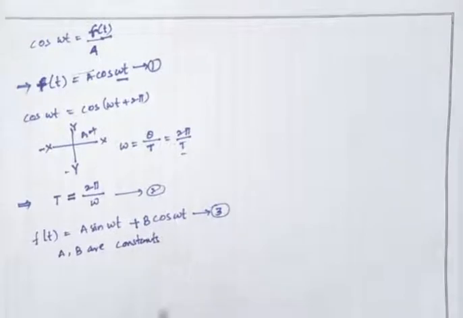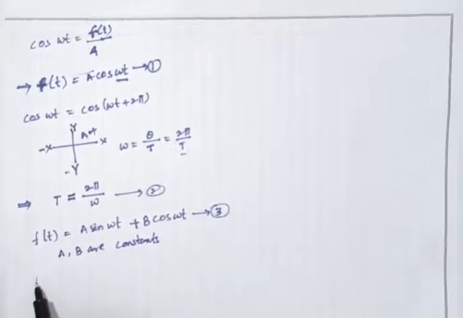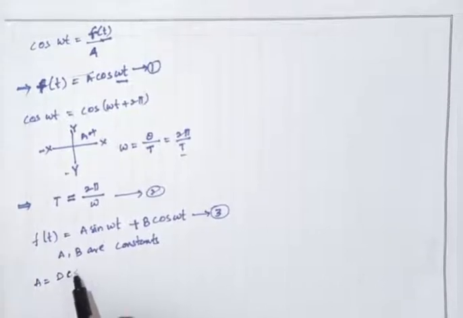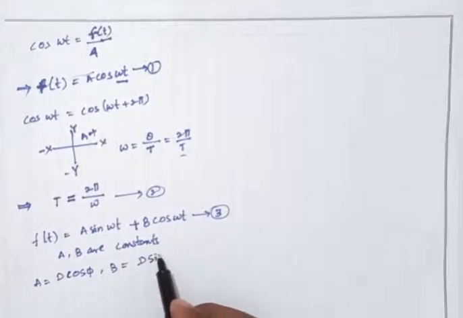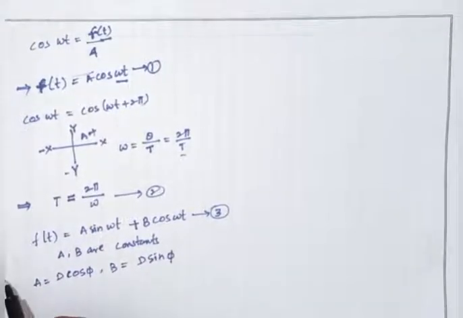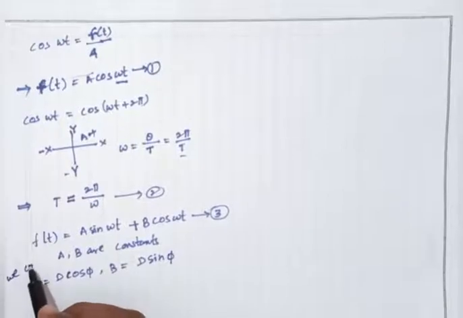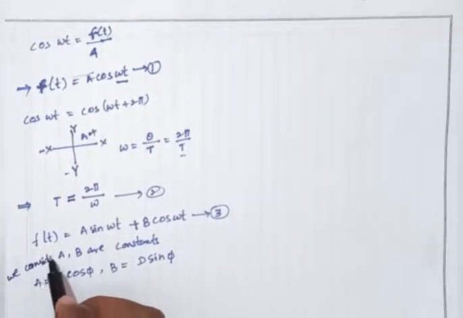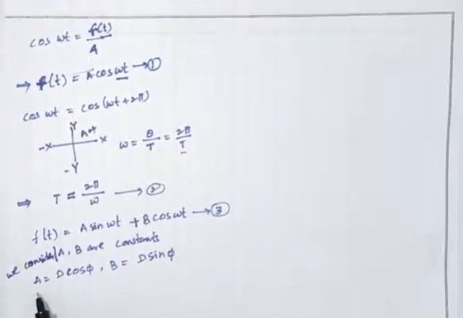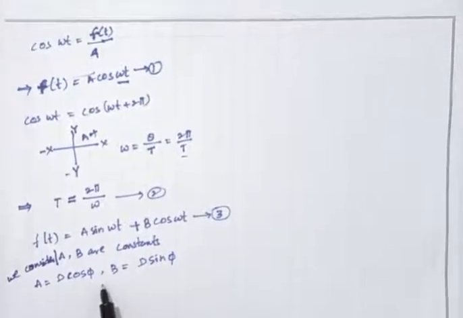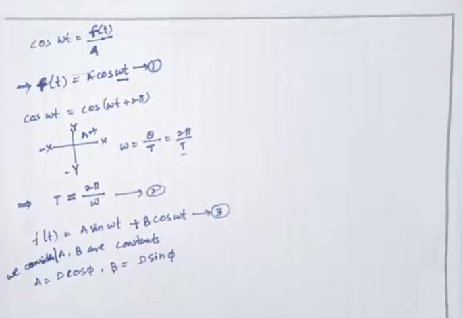Here we consider the constant a equals d cos phi and b equals d sin phi.